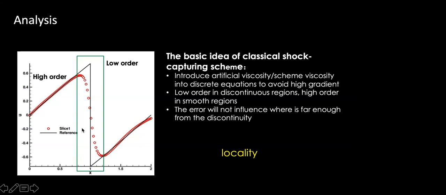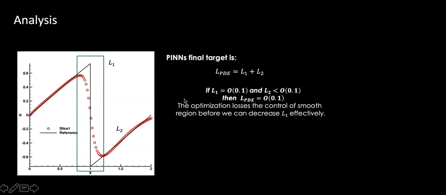But for PINNs, we can think of it this way: we let all the residual on transitions be L1, and the other regions be L2. Suppose L1 is on the order of 0.1, and L2 is less than L1. Then the PDE loss is of the same order as L1.